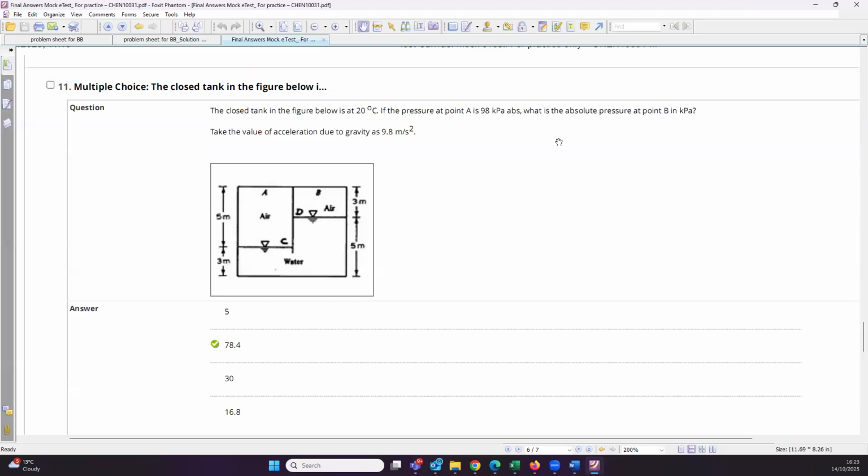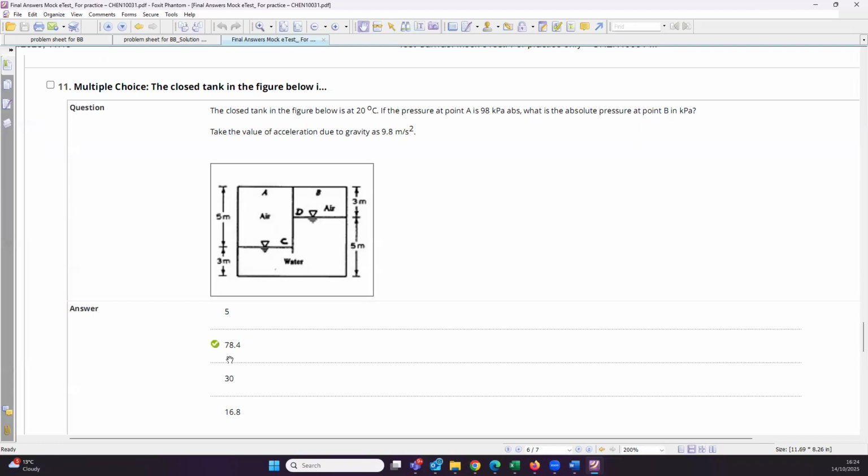what is the question? Sorry. Okay, yes. So we know what is the pressure at this point because it's given to us, that is 98 kilopascal. Okay, so we know how much pressure is here, and we are to calculate point B, that is the pressure at here.